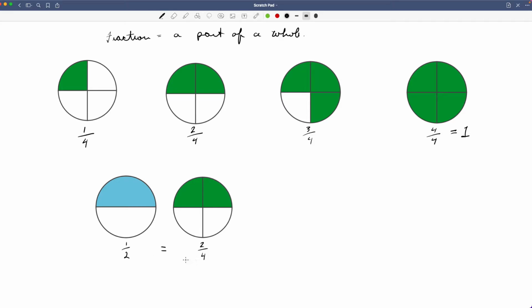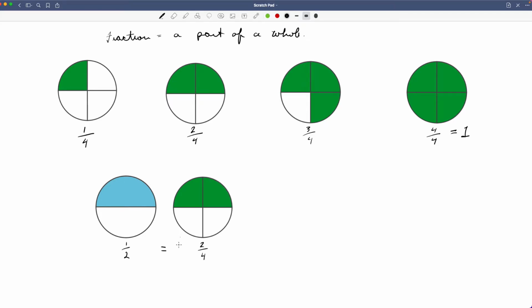And we know by looking at that, we can draw the conclusion that the denominator and the numerator have a relationship to one another that can be reduced or increased relative to the number of parts you have in the denominator.